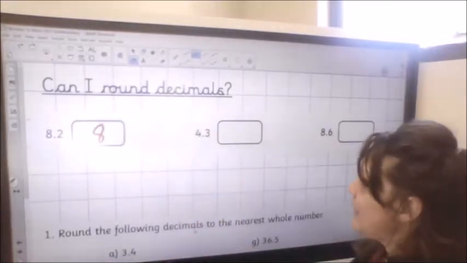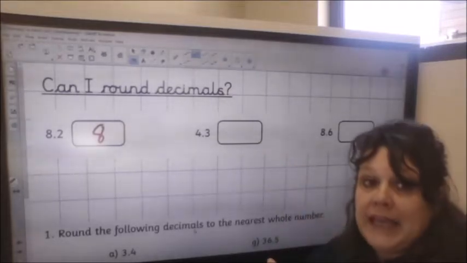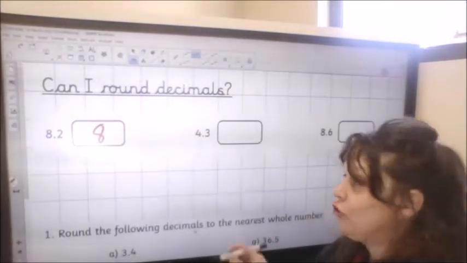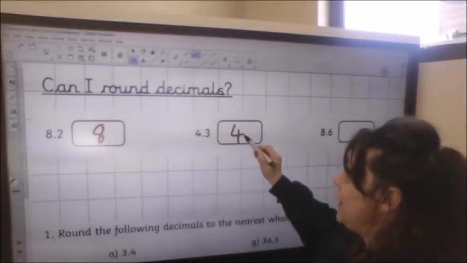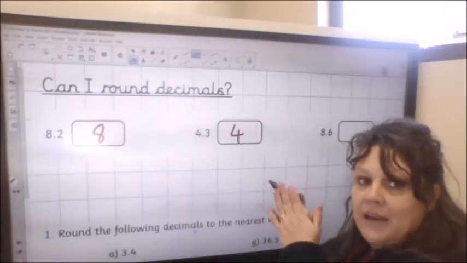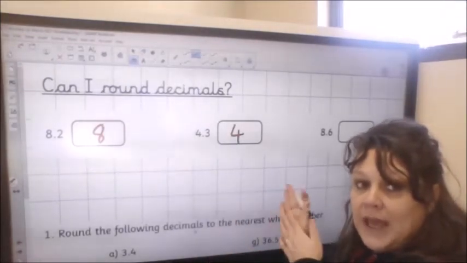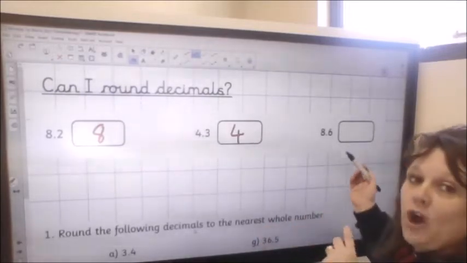Here I've got 4.3. Well, 3 is less than 5. So that 4 will stay the same. And because I'm looking at a whole number, I can get rid of the decimal point and any tenths and hundredths, etc.